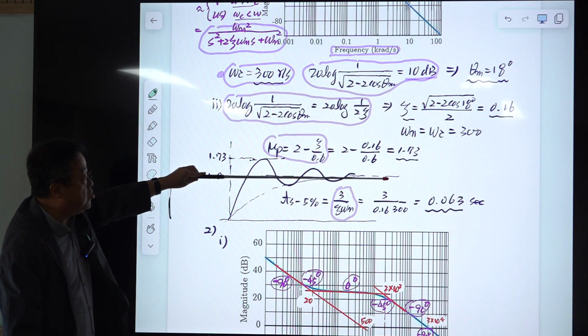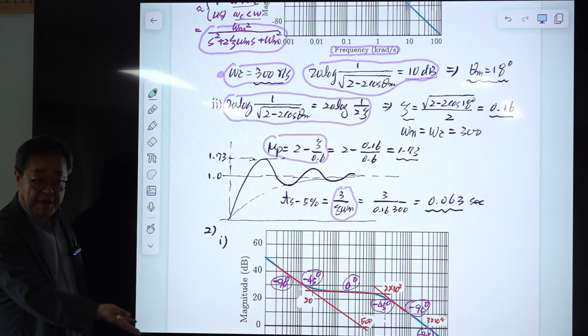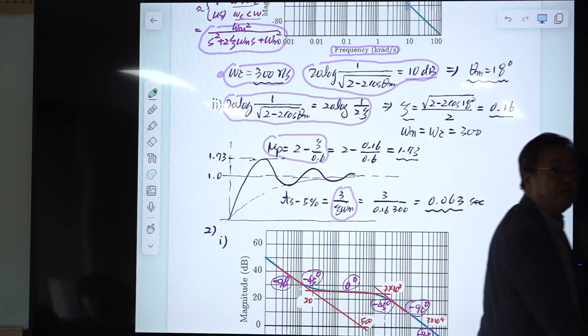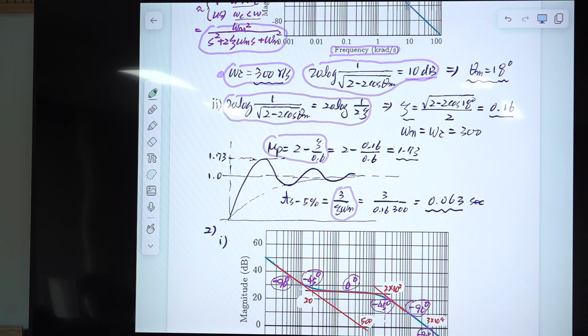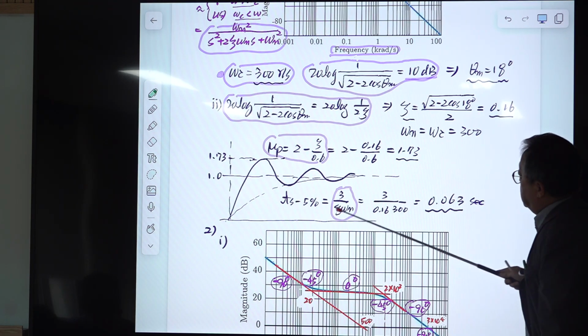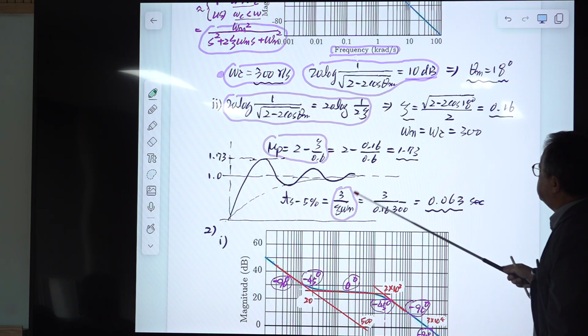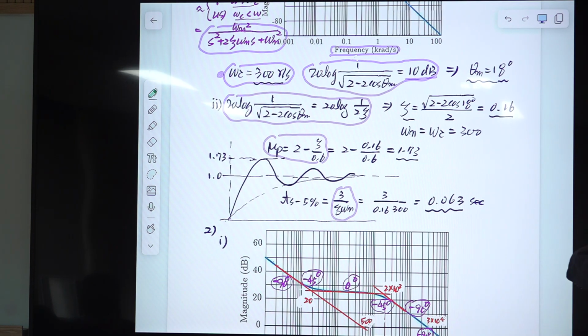So there is no steady state error in the step input response, and this shows exact command tracking in the steady state, right? And the settling time is given by 3 divided by zeta omega n. This is given by the solution of a standard second order system.